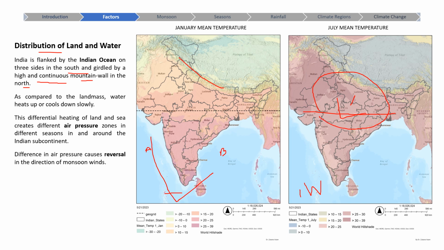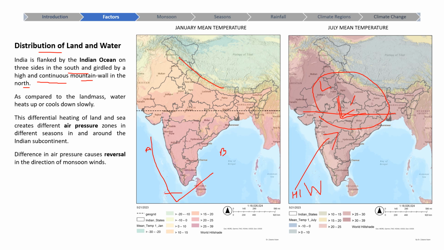When the temperature is high, pressure will be low. Compared to the ocean, the temperature here will not be as much, so the pressure will be high compared to this area. There will be a difference of maybe 10 millibar. So this difference makes winds move from high pressure towards low pressure.